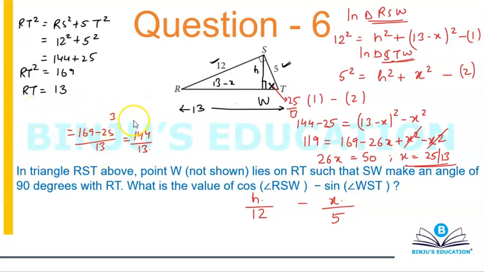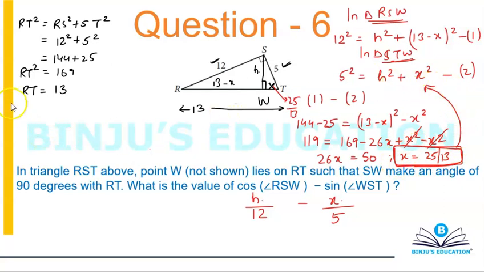I'm going to remove this because I'll be requiring space to do more calculations. Now the value of X is 25 by 13, this is what we have calculated. Let's put it back here. So 25 minus X square, which is 625 by 169, is equal to H square. So 25 into 169 minus 625, which is 25 into 25, divided by 169 is equal to H square.